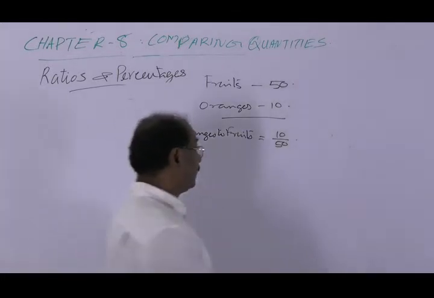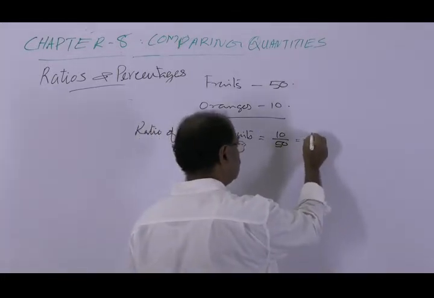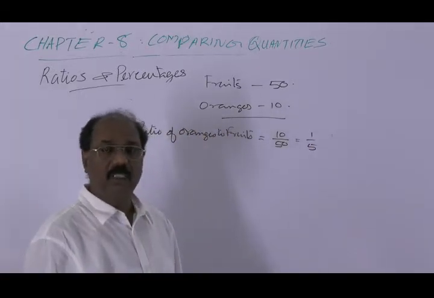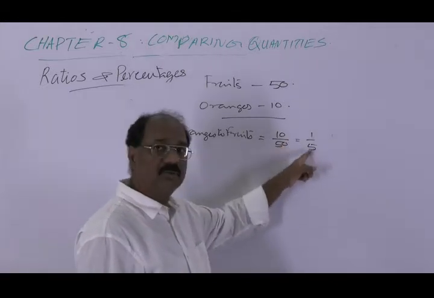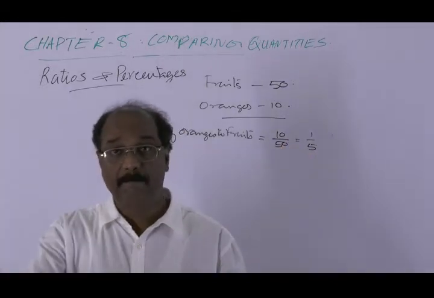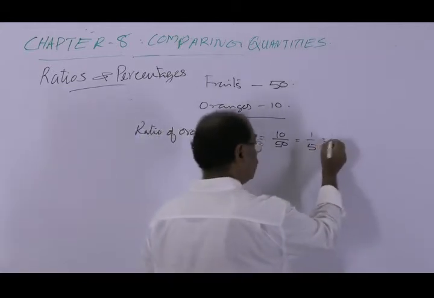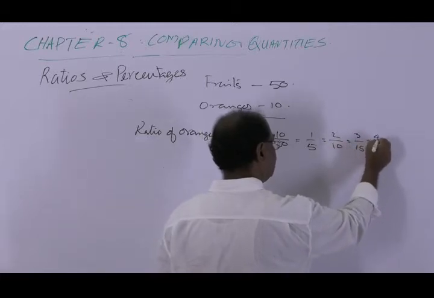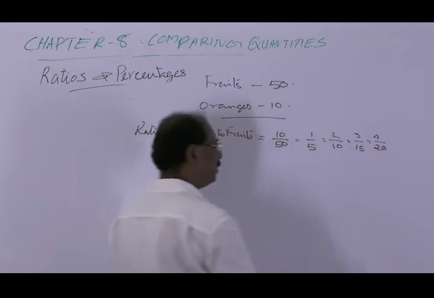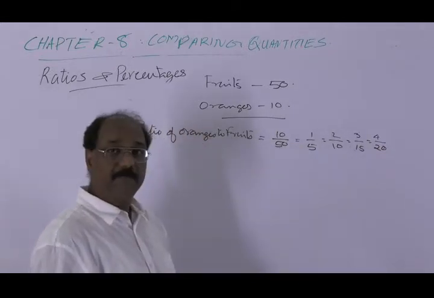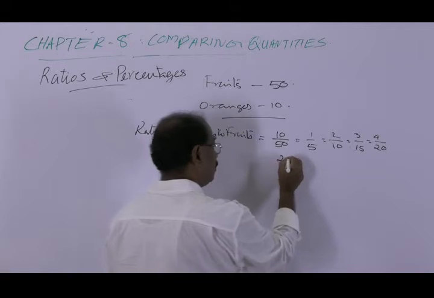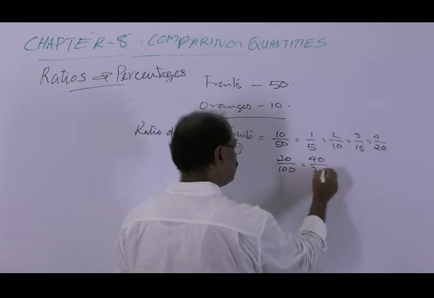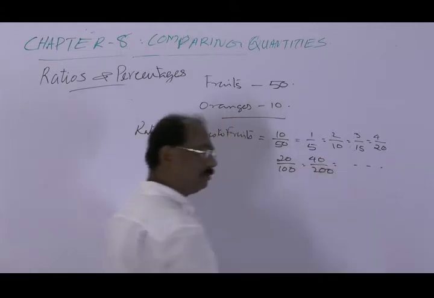But again, this 10 by 50 is equal to 1 by 5. So this ratio is the same as 1 by 5. It is again equal to 2 by 10, which is equal to 3 by 15, equal to 4 by 20, and again 20 by 100, which is equal to 40 by 200, and so on.